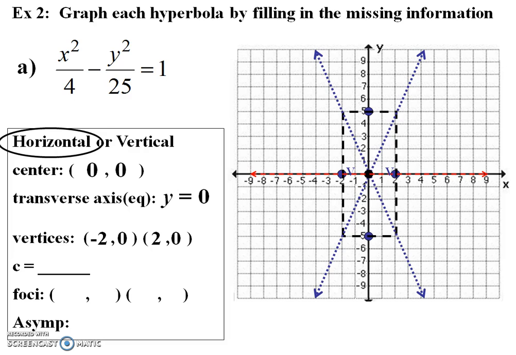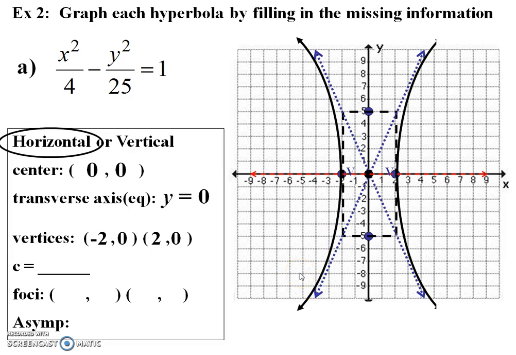And these asymptote lines help us to graph in the branches of the hyperbola. So your hyperbola branch should not go inside the box. It can get really close and go alongside it, but it should be going through the vertex and then staying within the asymptote lines.